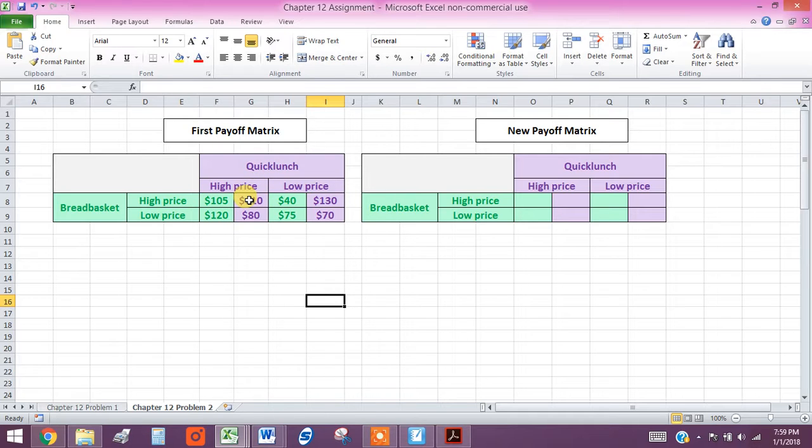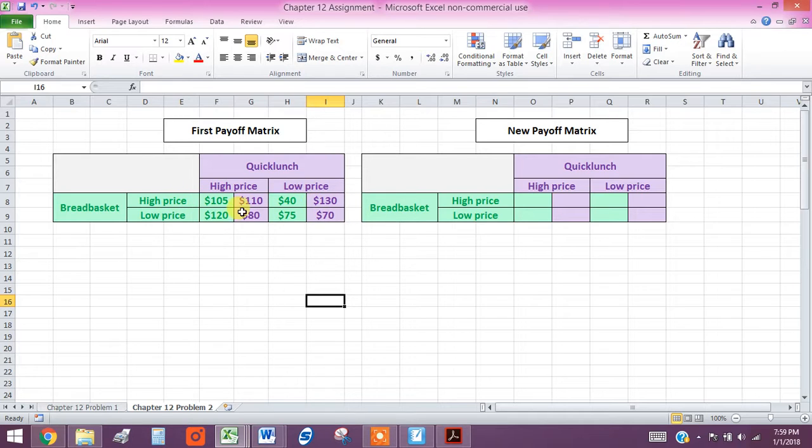Is Quick Lunch better off than picking a low? Well, they're worse off here, right? If Bread Basket picked high and Quick Lunch went high, they get 110. But if they picked low, they would be better. So if Bread Basket goes high, Quick Lunch should go low, okay?